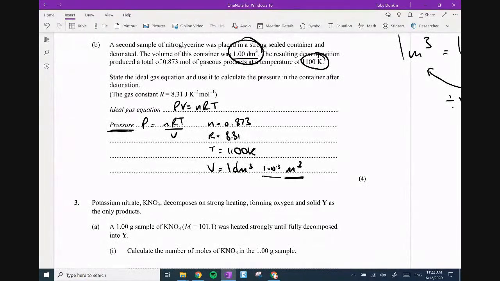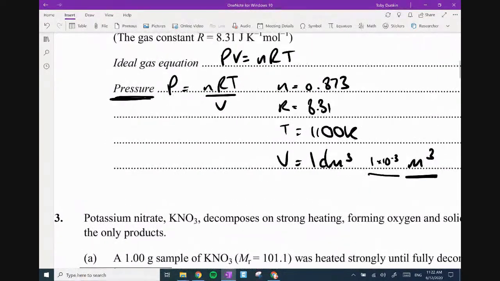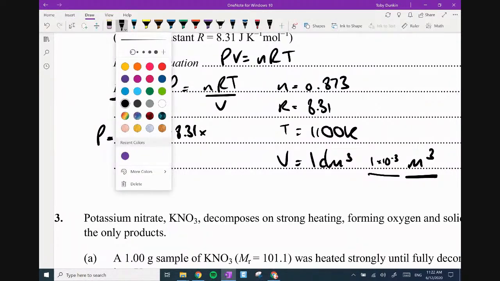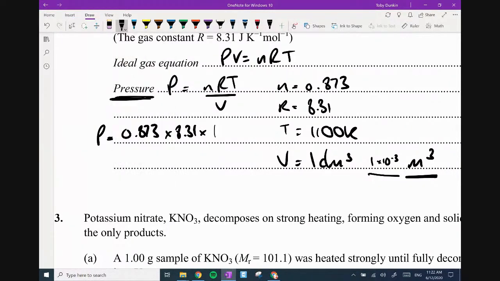Okay, there's my numbers. Let's insert them into my calculator. P equals 0.873 times 8.31, times a temperature of 1100, all over 1 times 10 to the minus 3. The pressure is going to be spat out in pascals, remember.